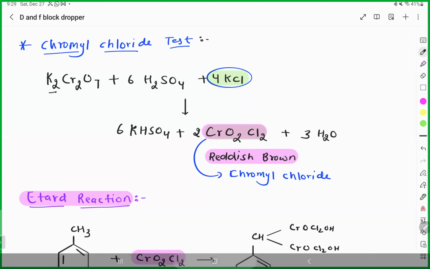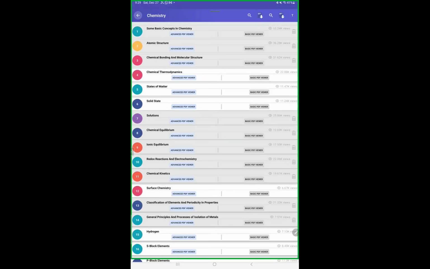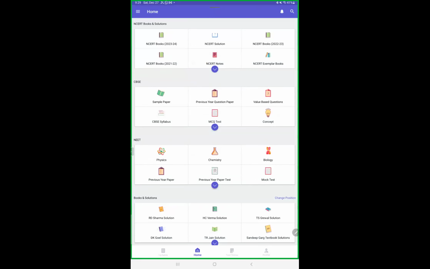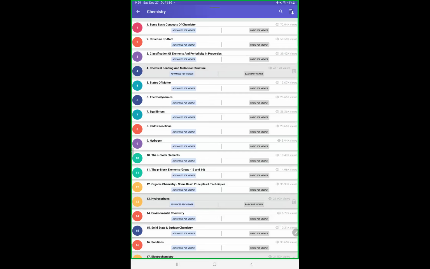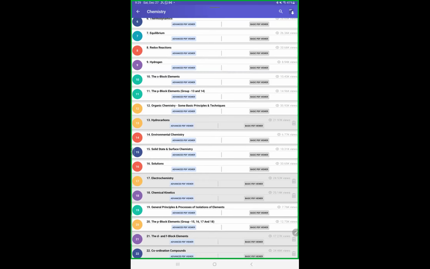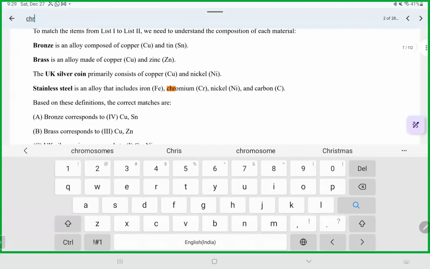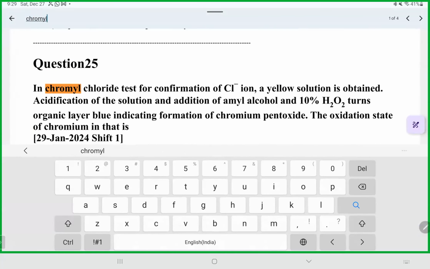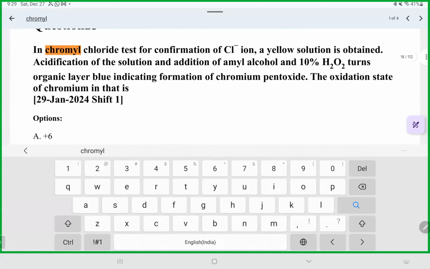The reason why I did this, let me show you the question. So in the chromyl chloride test, confirmation of Cl negative ion.